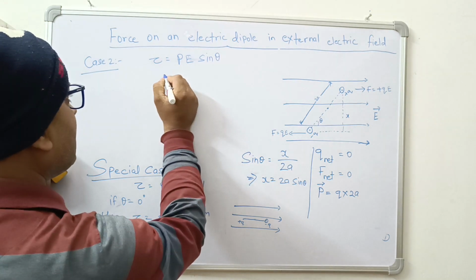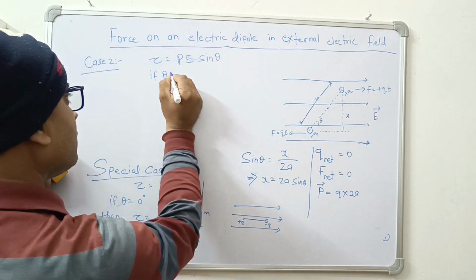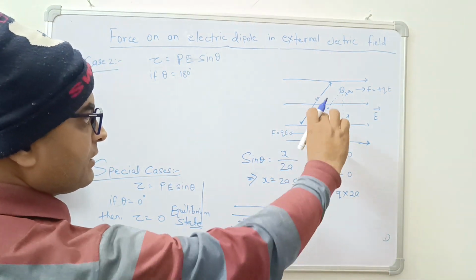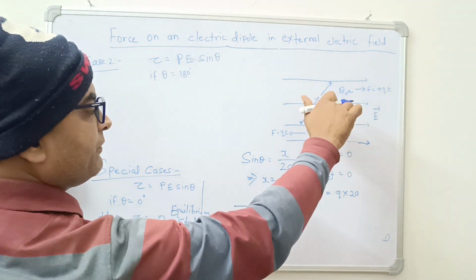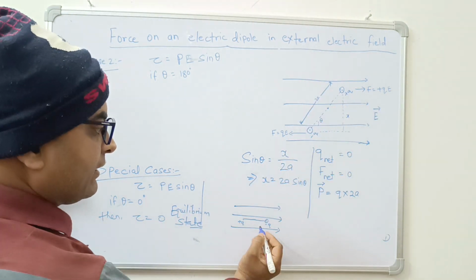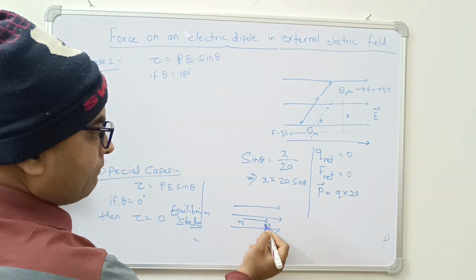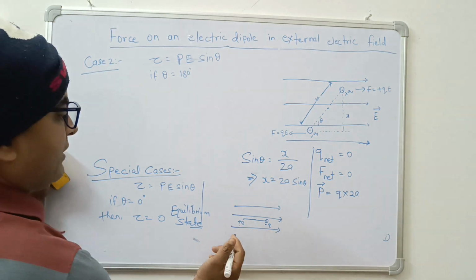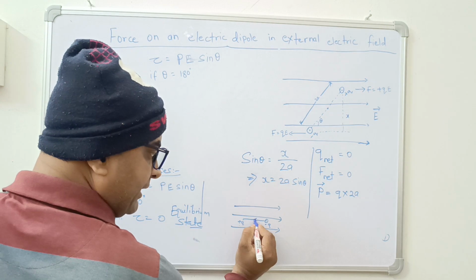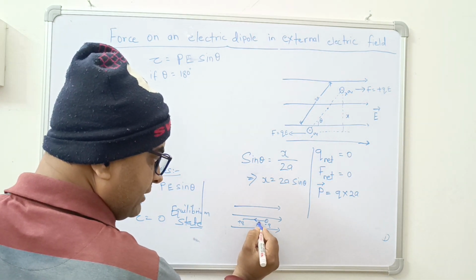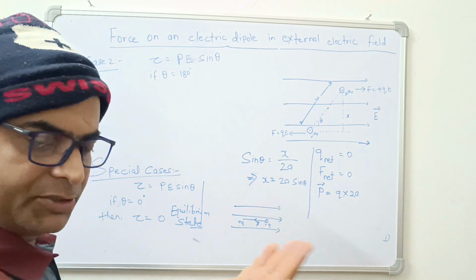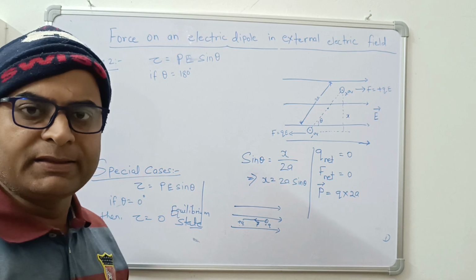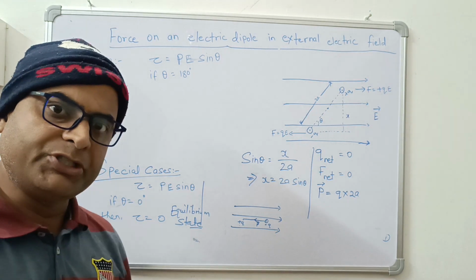Now if theta is 180 degrees, this is the case when the negative charge is in this direction and the positive charge is in this direction. Then what will be the direction of the electric dipole moment? As you already know, the electric dipole moment direction is from negative charge to positive charge.